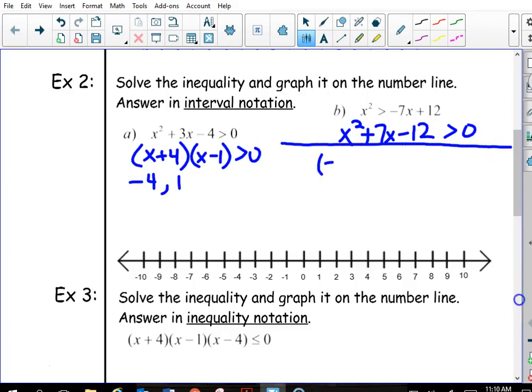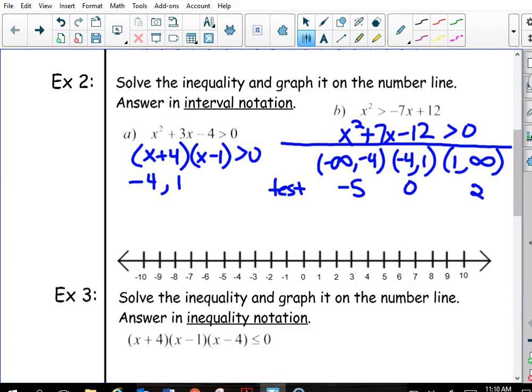So let's set up a test table. My intervals are negative infinity to negative 4, between negative 4 and positive 1, and then 1 to infinity. Pick some test points: negative 5, 0, and 2. And the value of my function. So let's take a look at my original inequality. This is asking where this quadratic is greater than 0, so it's really asking where this quadratic is positive.